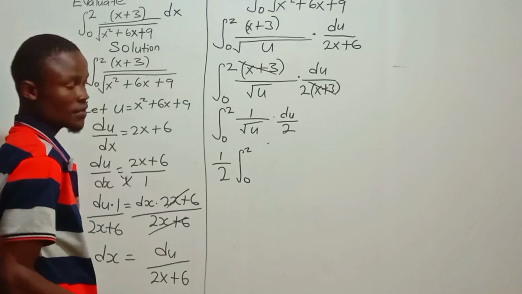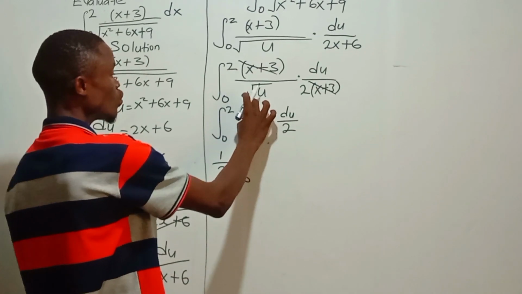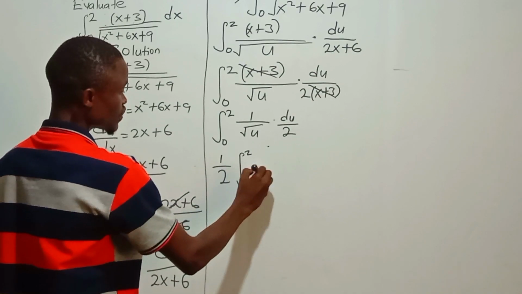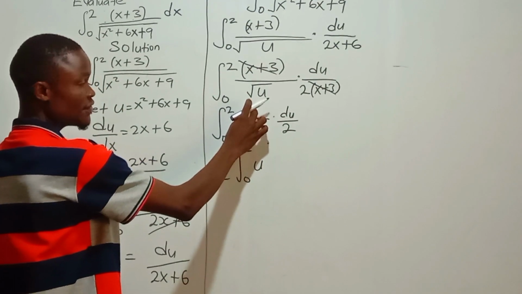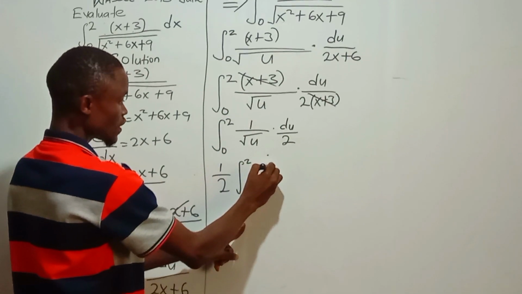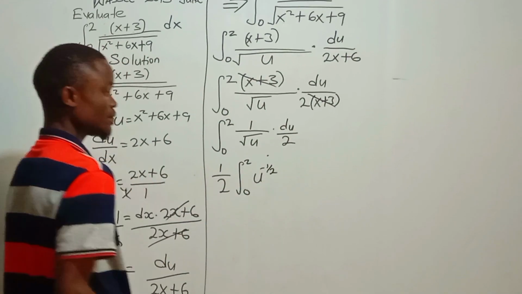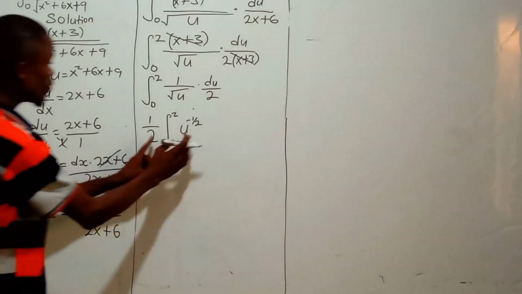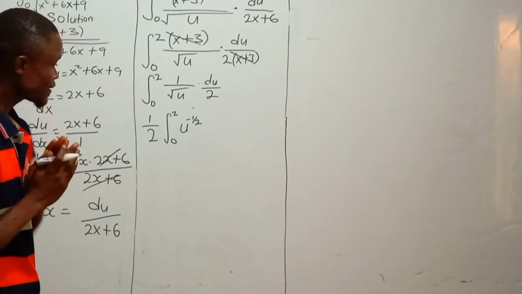Then you simplify 1 upon the square root of u. It is the same as u to the power minus half, because the negative index for this one is minus half. So now let us integrate.